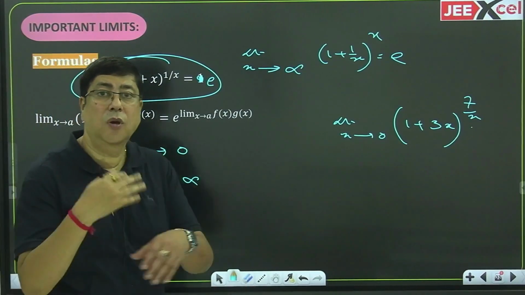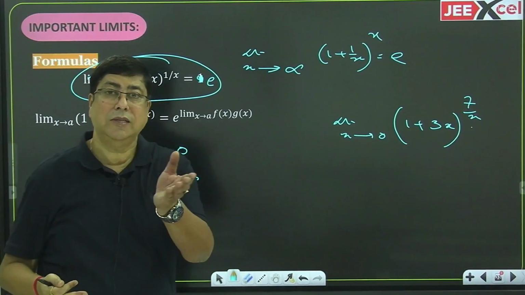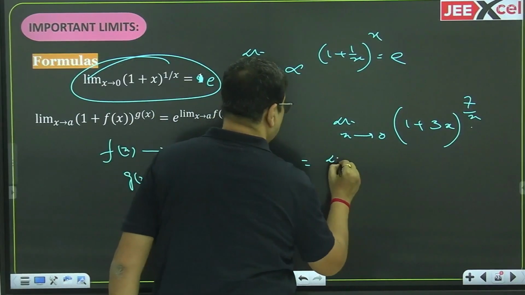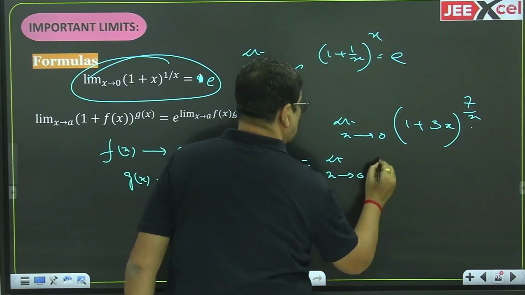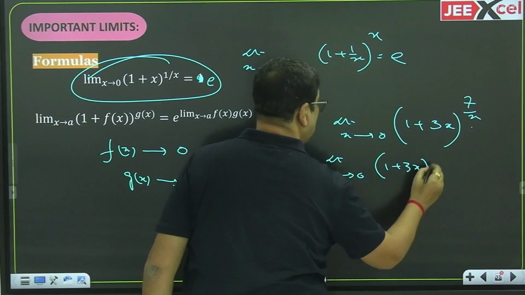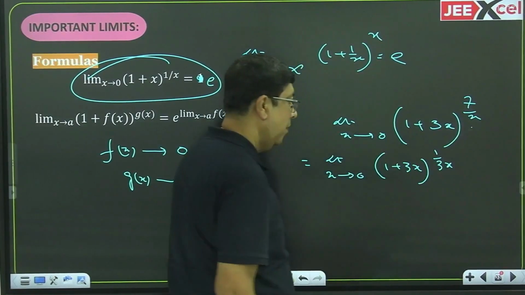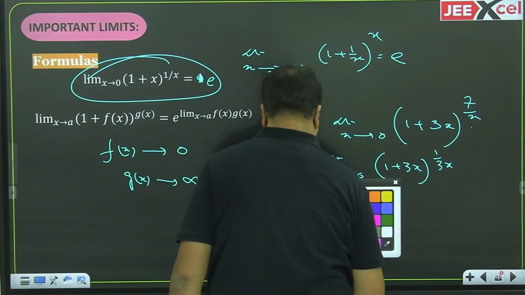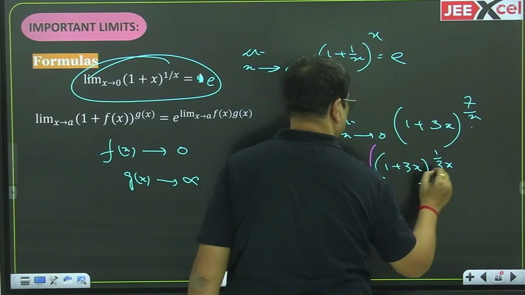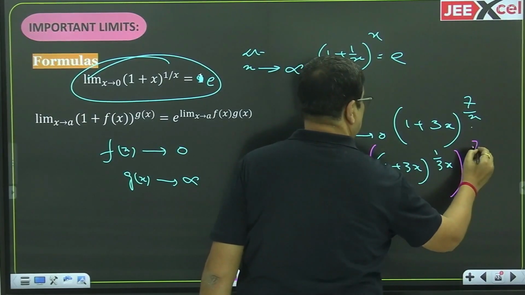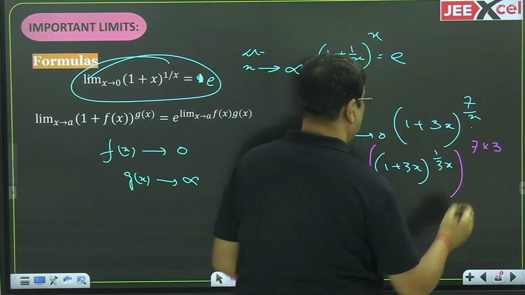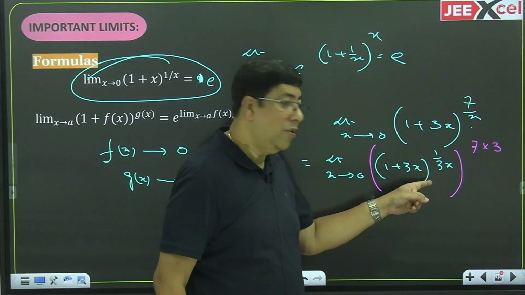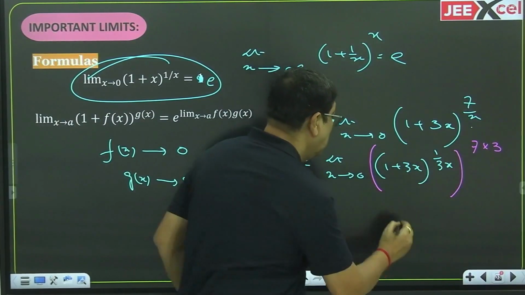answer is coming 1. If you take log, log of 1 plus x by x equal to 1 will come. Okay, therefore we can write limit x tend to 0, 1 plus 3x whole to the power 1 by 3x, so we took that. Now we should balance it. How will we balance it? 7 into 3, this x is coming here, we took 1 extra 3x, it's under the equality sign, you have taken 1 extra 3, so balance with 3, so this is coming to be e.